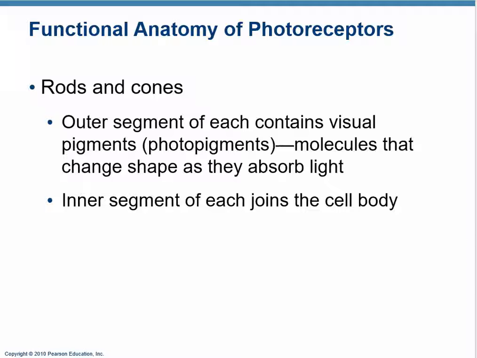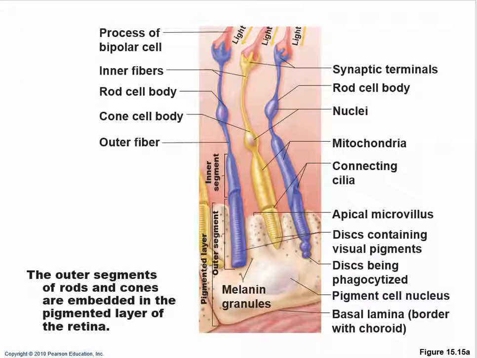So that's found in the outer segment. The inner segment of each goes to the cell body. So it ends up looking like this. So the outer segment has the visual pigments, the things that are going to change shape. The inner segment is involved with the transduction.